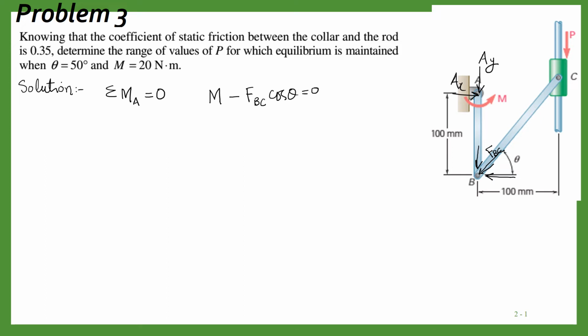Okay, so now this is 20 minus FBC cos 50 degree equal to 0, and this will give us FBC. So the value of FBC comes out to be 311.45 Newton.